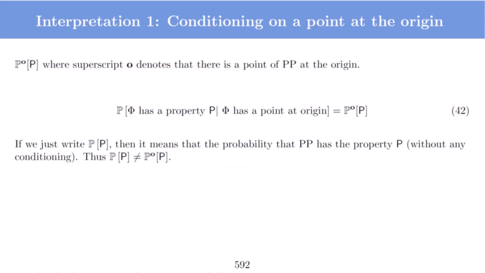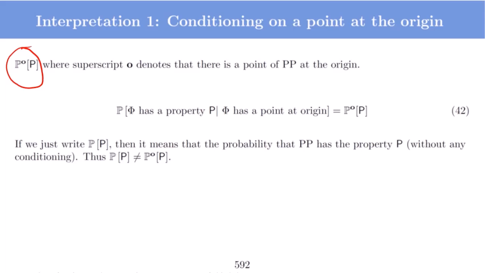To denote this, we will use this particular notation: P^o(P), where P is the property. First, P is the notation for probability, and the superscript o denotes that there is a point at the origin. So o is the origin.